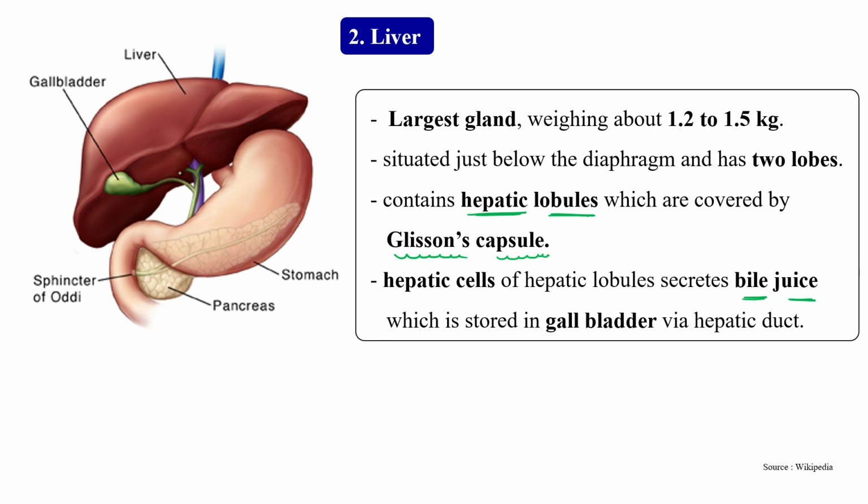This bile juice, represented over here in green color, is stored in a small structure known as the gallbladder. The bile juice is secreted by the hepatic cells and stored in the gallbladder via the hepatic duct. Bile juice is mainly involved in fat digestion.